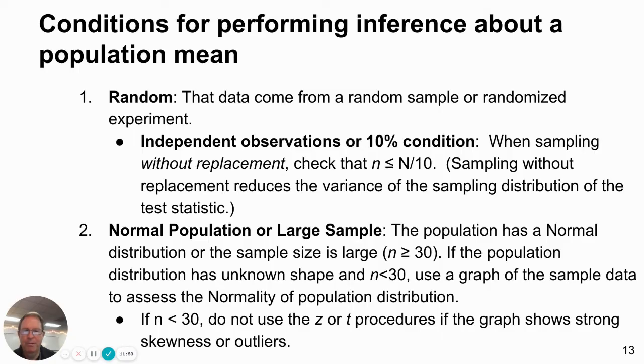In this case, the population must have a normal distribution, or the sample size must be large. And here we're going to say that 30 is, again, the threshold. Now, we're going to relax the standards just a bit here, and I'm going to introduce this new condition, or the new way of passing this test.